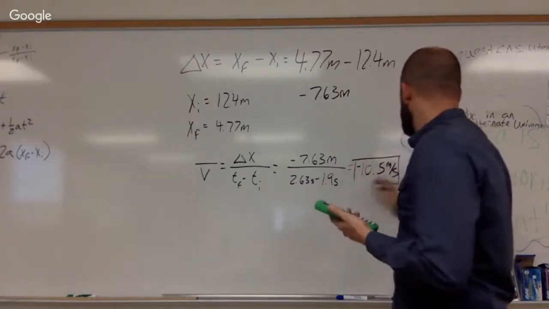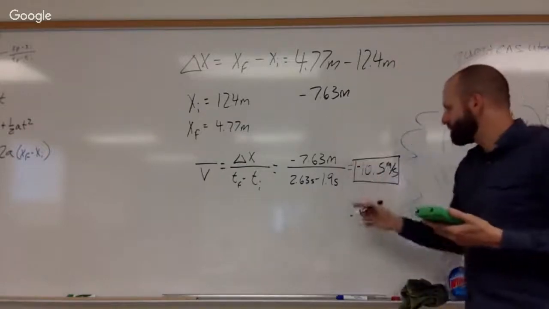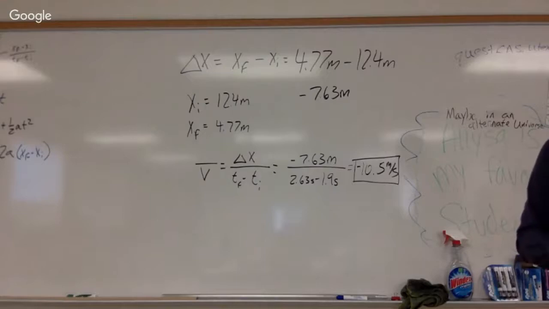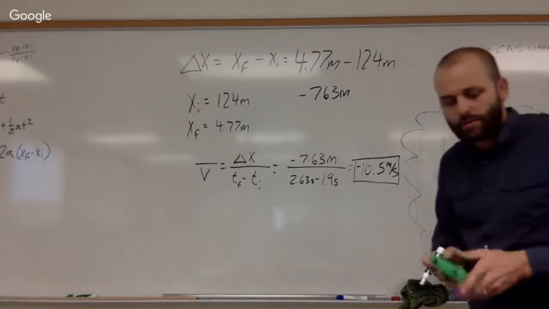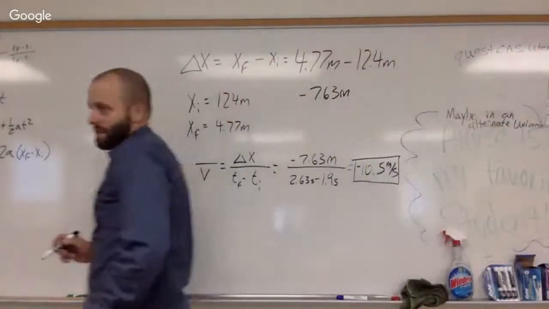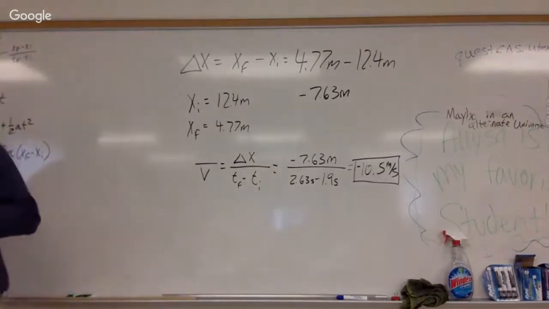It's negative because we're going negative displacement, so the answer there will be negative. Let me double check myself here. 7.63 divided by 2.63 minus 1.9. Okay, so that should be your average velocity on that one.